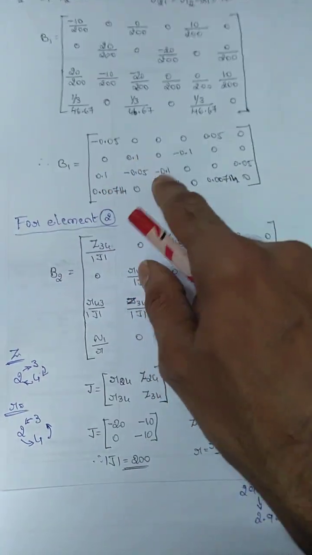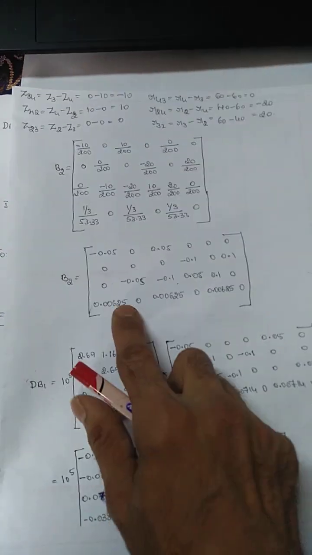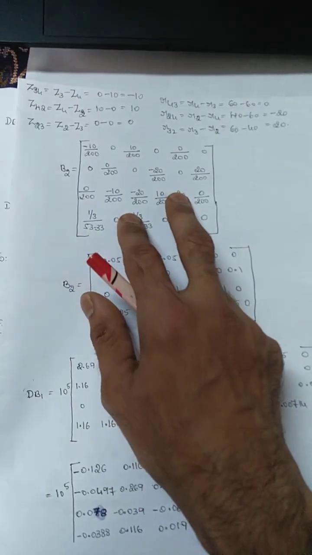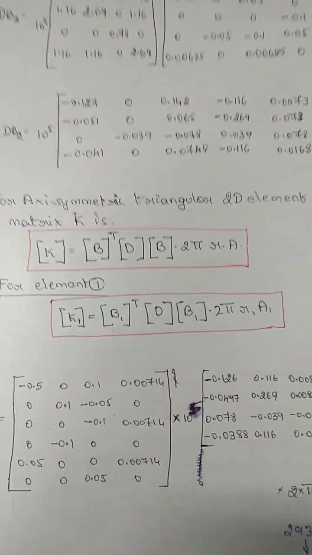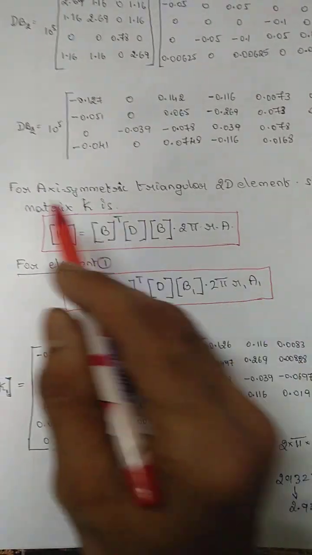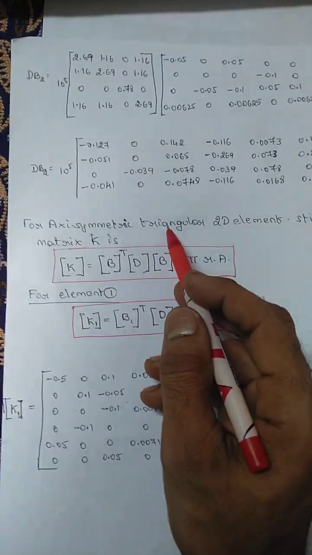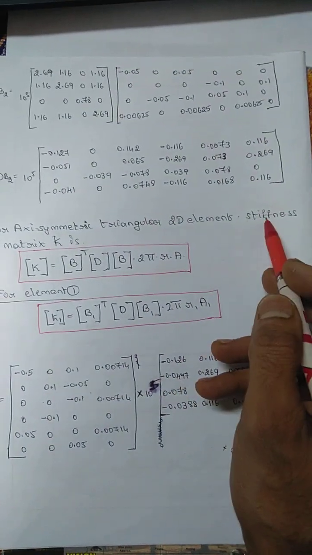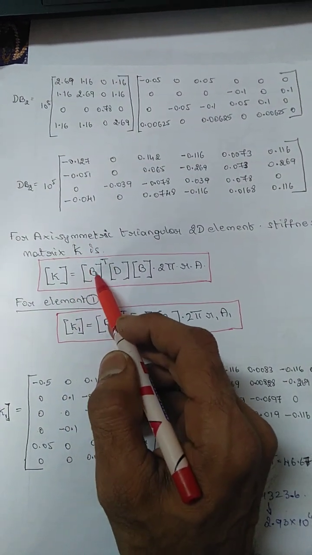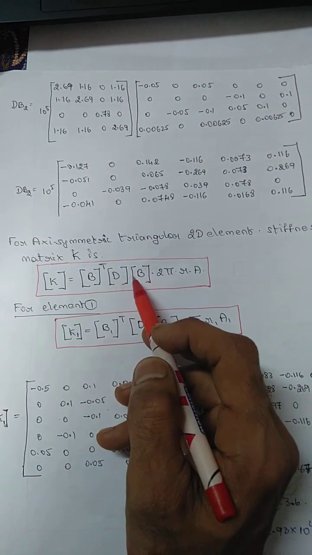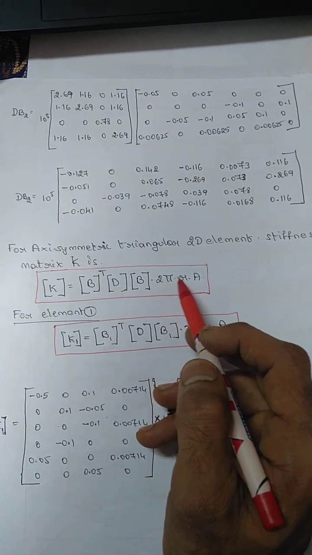Similar to B1, you have to calculate B2 as well. This is a step for B2. And after getting B1 and B2, I'll show you the final equation first. So our final equation for the axisymmetric triangular 2D element stiffness matrix k is equal to B transpose into D into B into 2 pi R e.